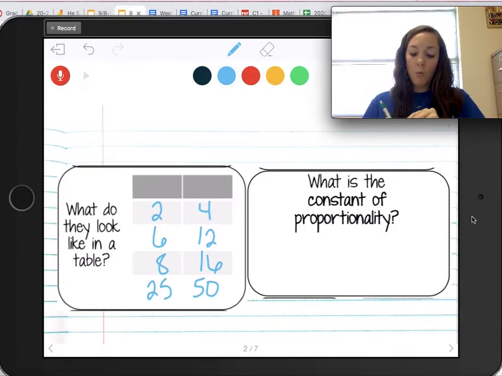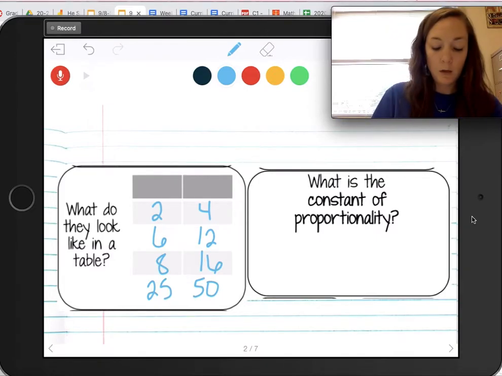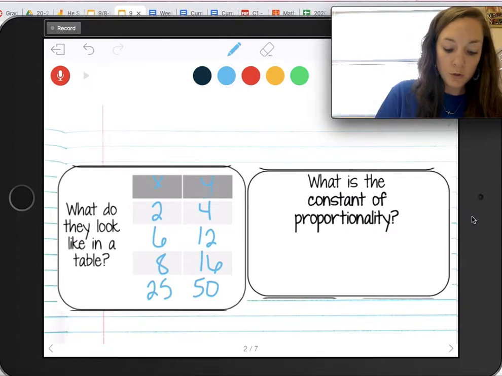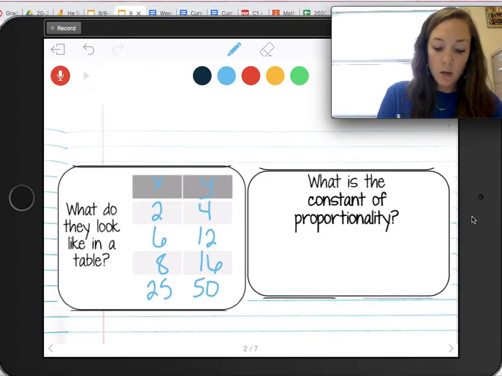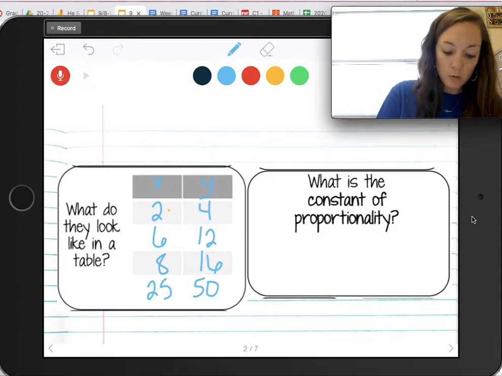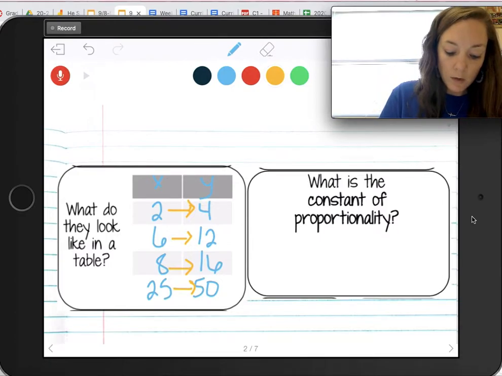all right, what do we do to figure out if this table is proportional? Well, we know that for a proportional table, it has to be multiplied by the same scale factor. So for every value in the table, or for every ratio in the table, I need to multiply by the same number. So 2 times what number is 4?